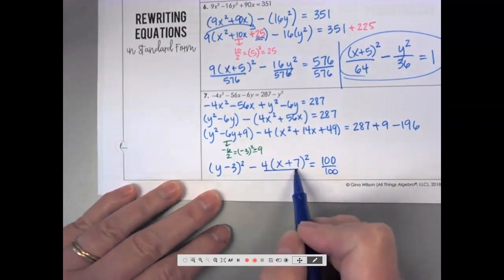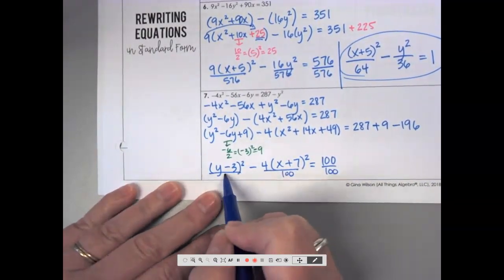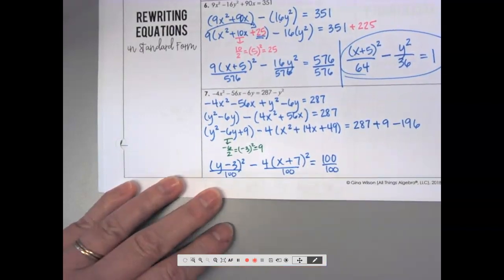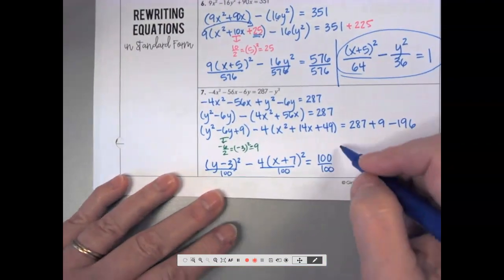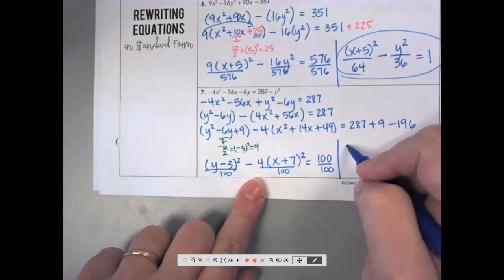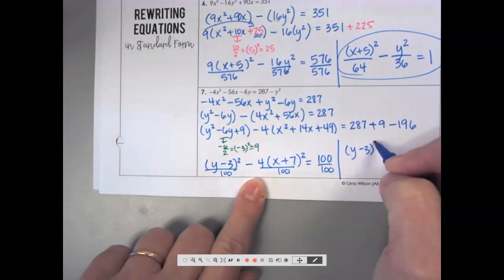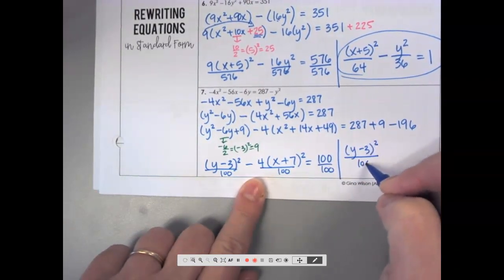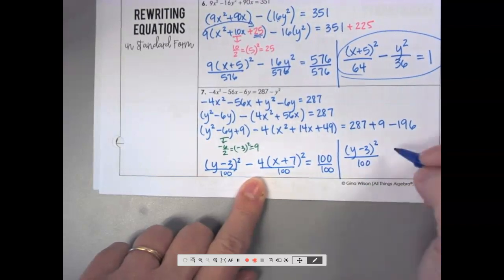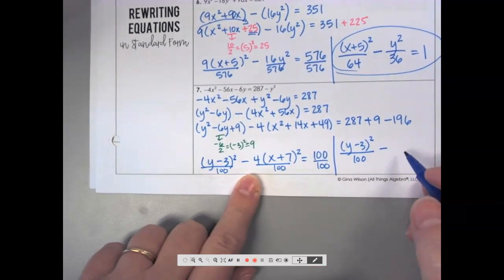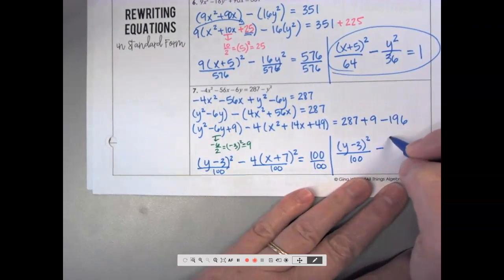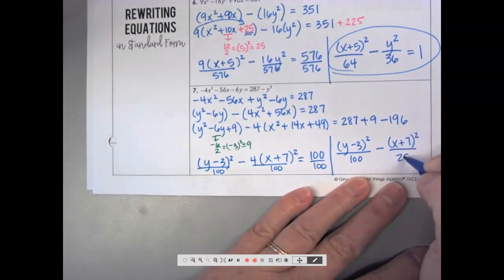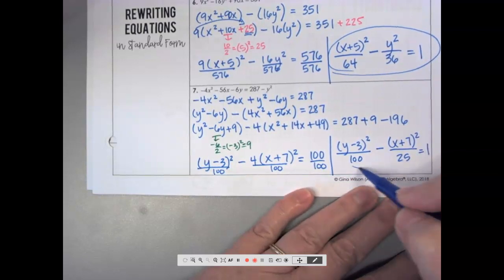Divide by 100. And one last step. This will be (y minus 3) squared over 100. There's nothing to simplify there. But 4 over 100 reduces to 1 over 25, equals 1.